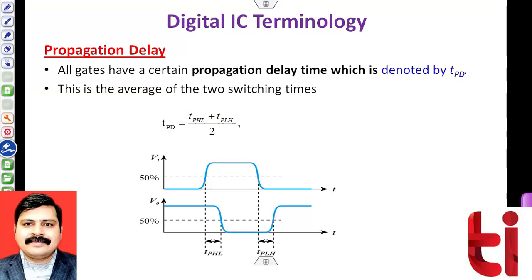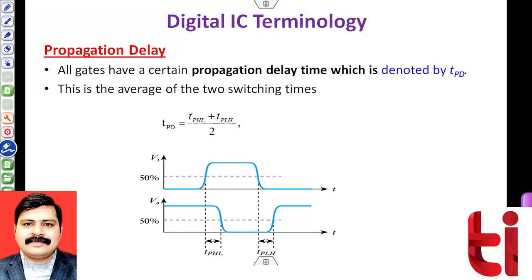If this signal is applied, then usually we take the 50% level. So for the response to the first rising edge, you can check the time taken by the gate to respond to this input going from low to high.